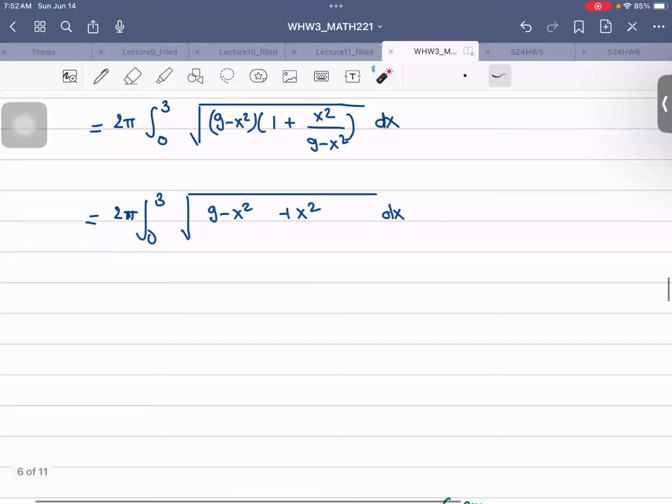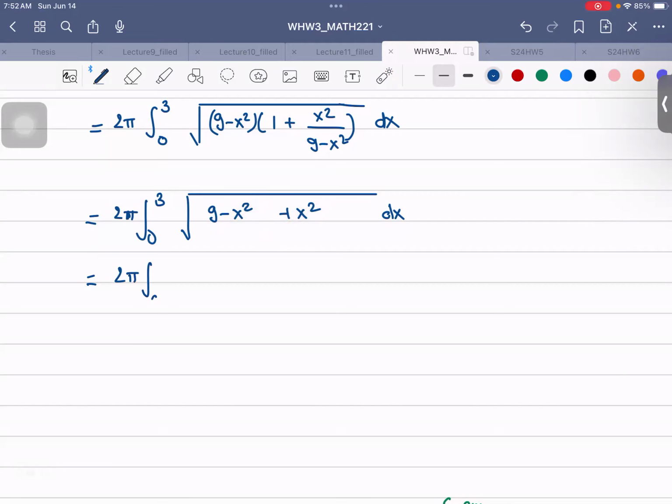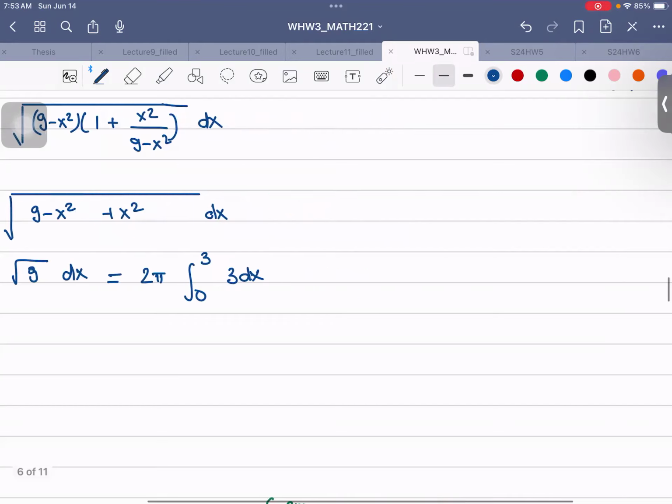Okay, x squared and x squared cancel out. You just have the square root of 9, and the square root of 9 is just 3. So you have 2 pi, the integration of 3 dx, and you have 2 pi times 3x from 0 to 3.